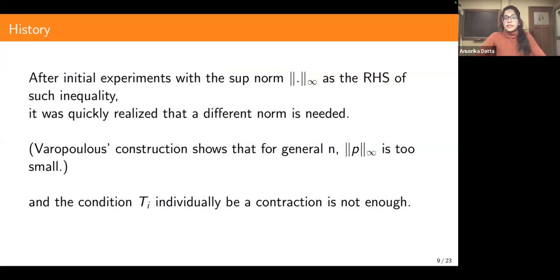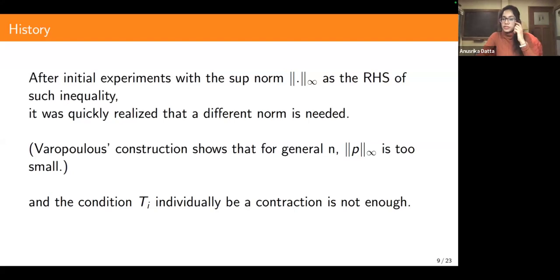Now, after initial experiments, it was quickly realized that the sup norm on the right-hand side is not sufficient. So we need a different norm on the right-hand side, not just the sup norm. It's not helping, because for general n it is a very small value, so it's very hard to get this as an upper bound for any norm. And we need a different concept of contraction; each T_i in the operator tuple being individually a contraction is not enough.